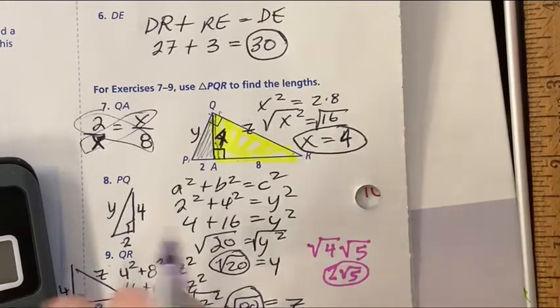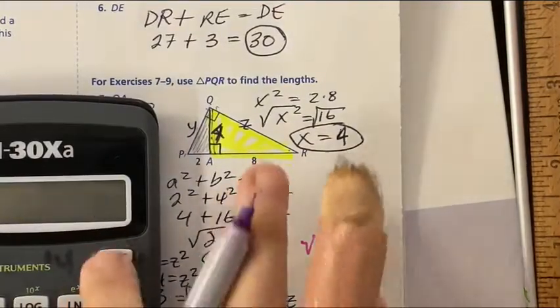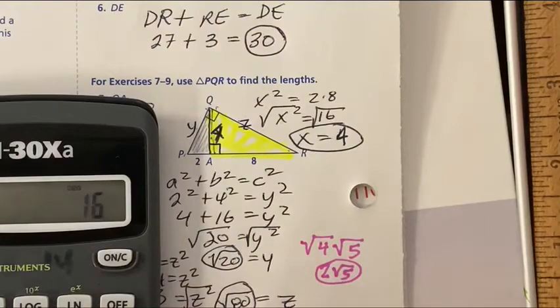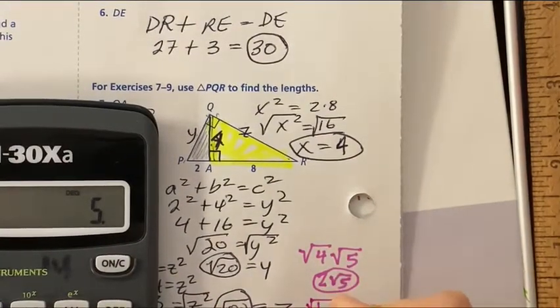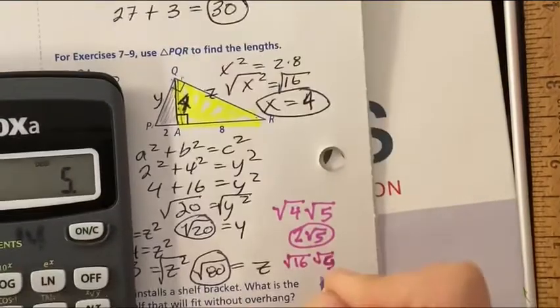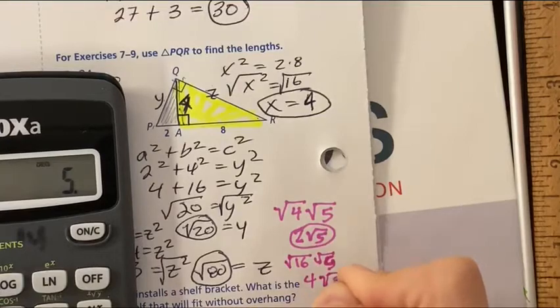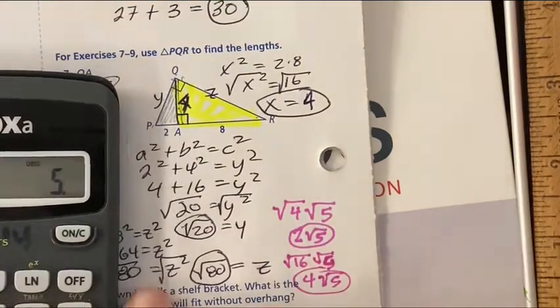Yeah. Okay, so if I divide 80 by 16, I get 5. So the square root of 80 is the same as the square root of 16 times the square root of 5. And the square root of 16 can be rewritten as 4. So this is the same thing as the square root of 80.